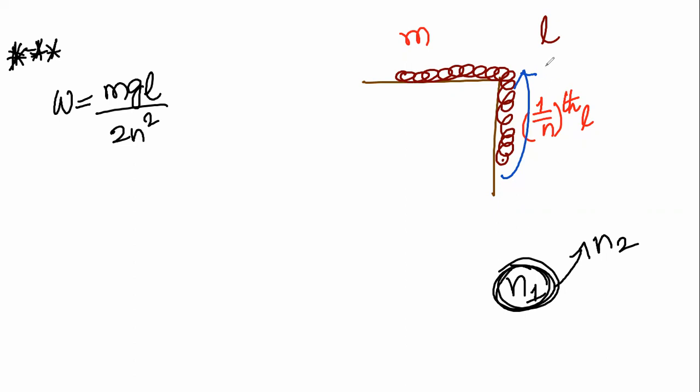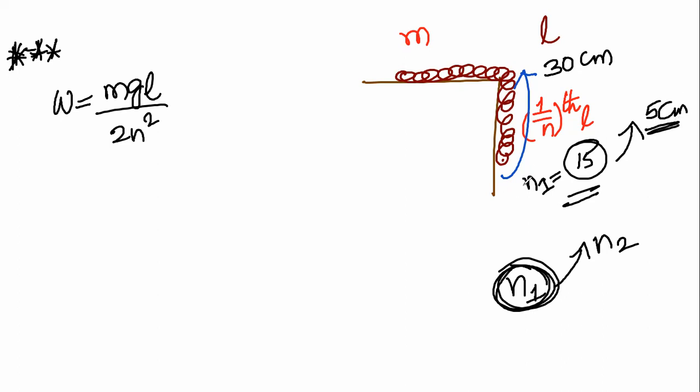Suppose the total length of the chain is 30 centimeters. Out of 30 centimeters, 15 centimeters is hanging from the edge of the table, that is n1. Now I have to make it hang only 5 centimeters from the edge. Then n1 is equal to 15 centimeters, n2 is equal to 5 centimeters.